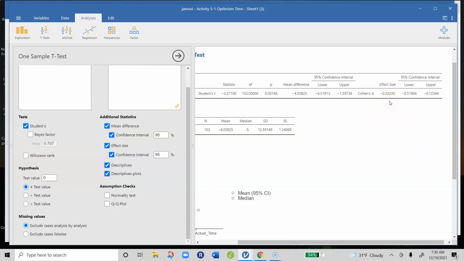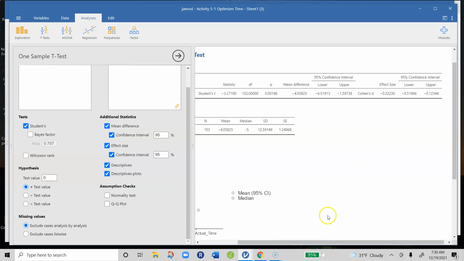Our effect size is negative 0.32, which in terms of the guidelines we're thinking about for size, is a pretty small effect. Note that it's not small because it's negative. It's just small because you look at the absolute value there. And that 0.32 is kind of close to about a 0.2, what we can consider a small effect size. Now, we can be 95% sure that the true effect size in the population is somewhere between 0.12 and 0.52.